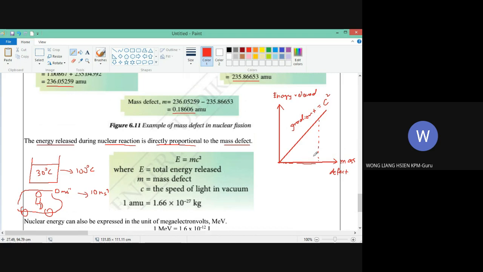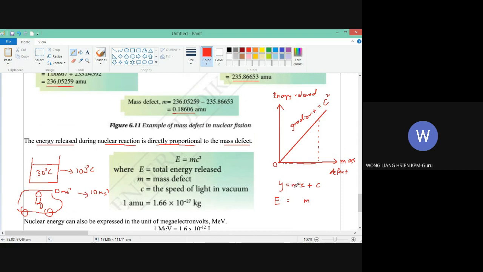So when he constructed the linear equation of this graph, y equals mx plus c, this y is the energy release, this c is 0 because it passes through 0, and x is the mass defect.